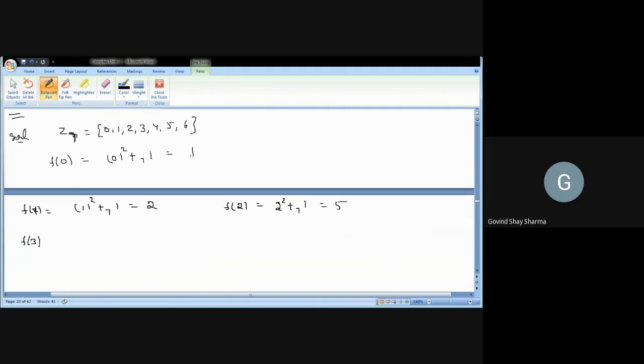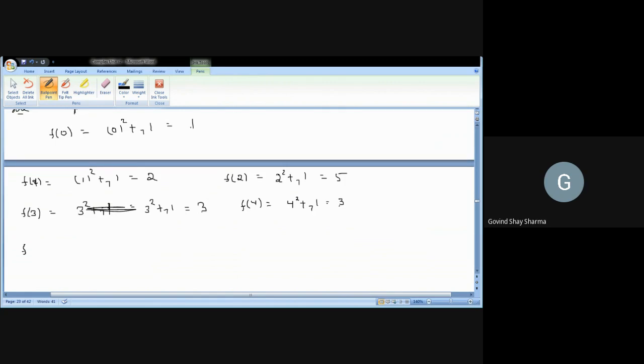F3 is equal to 3 square plus 1, that is 9 plus 1 is 10, which is equal to 3. F4 is equal to 4 square plus 1, which again gives 3.